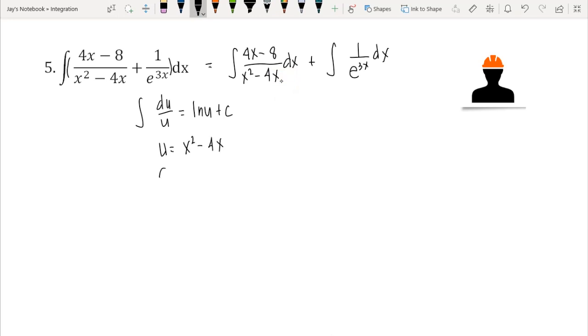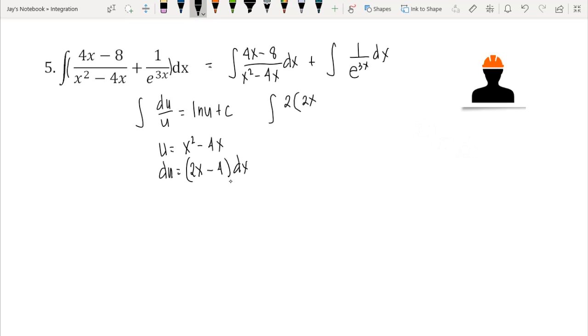Our du is the derivative of x squared minus 4x, that is 2x minus 4 dx. And this should be our du in the integrand. However, take note, we have 4x minus 8 in the numerator, in which the required should be 2x minus 4 dx.